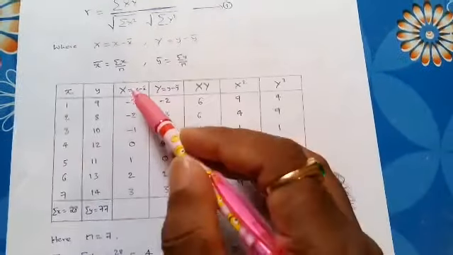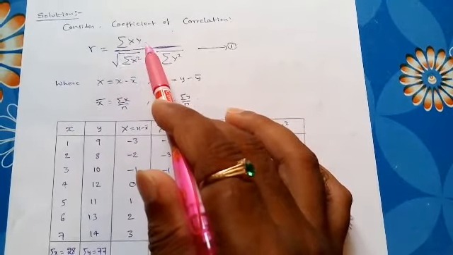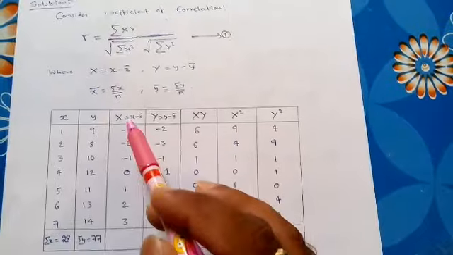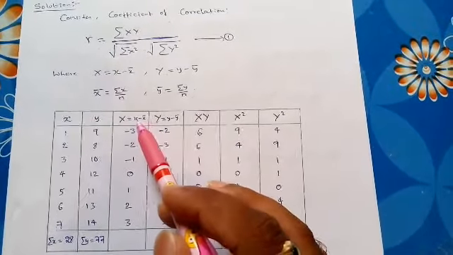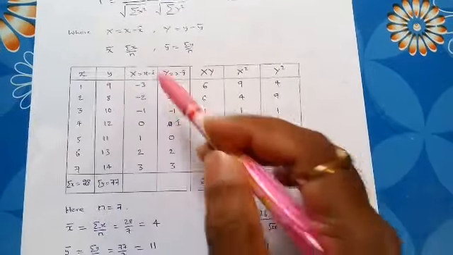Next, to find the correlation coefficient, we need the summation of X into Y, and the square roots of sum of X square and sum of Y square. For that, find out capital X. X means x minus x bar. Here x bar value is 4.